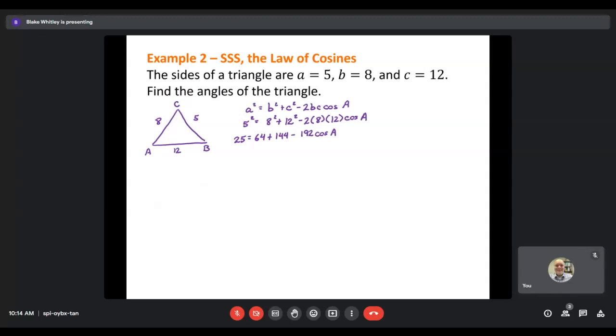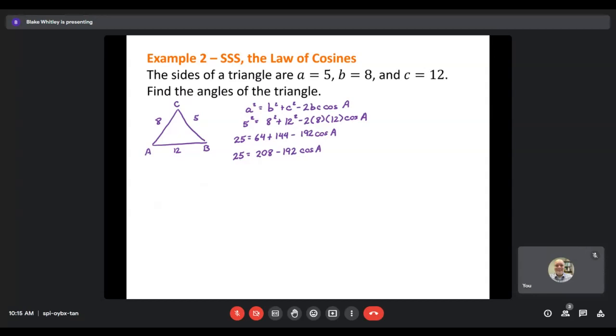Now at this point, I'm going to start adding some of these things together. So we have 64 and 144. We can combine those. Be careful, we can't subtract the 192 because it's attached to that cosine of A. So I'm only going to add the 64 and the 144. So we have 25 equals 208 minus 192 cosine of A. Since I'm trying to isolate that cosine, I'm going to move the 208 to the other side by subtracting.